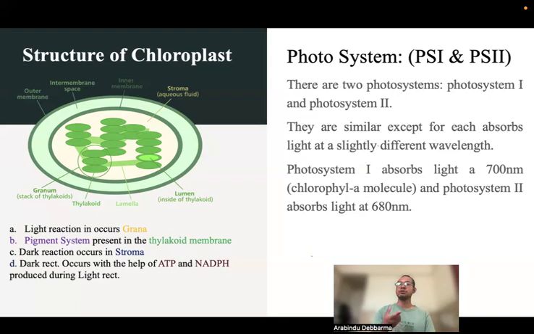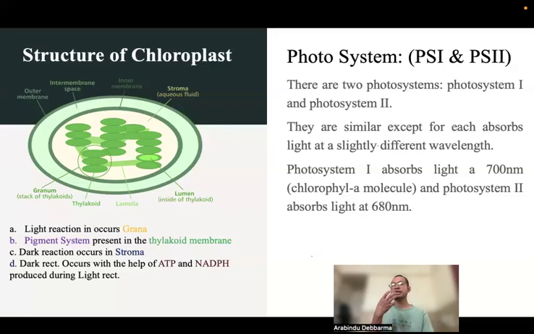Later the scientists also discovered that before photosystem 1, there is another system that also absorbs light at 680 nanometers, which is exactly the first acceptor of light and electrons, and from this system it passes to photosystem 1. They named this system photosystem 2, since they had discovered the mechanism of photosystem 1 earlier.